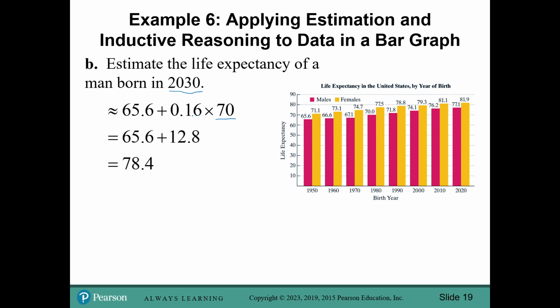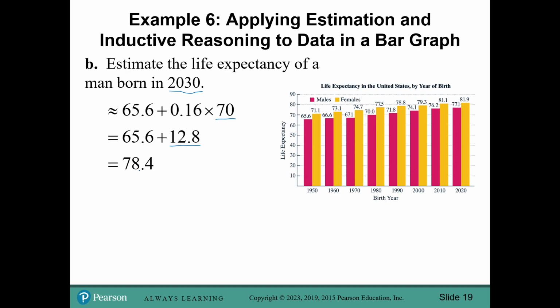How much longer? We take our estimate from the previous problem of 0.16 years per year, and we multiply that by the additional 70 years after that initial point in 1950, which was the 65.6. So 0.16 times 70 gives us 12.8 additional years that somebody is supposed to live in 2030 compared to somebody living in 1950.